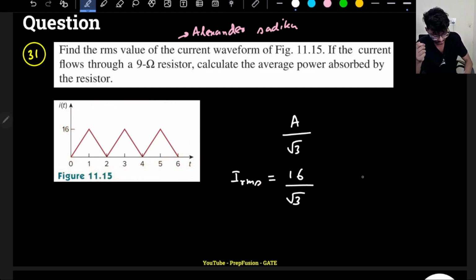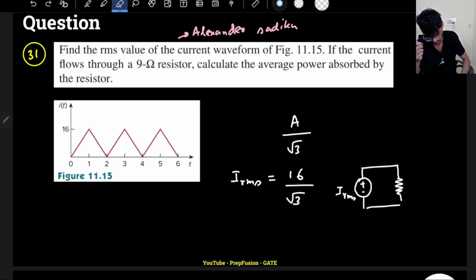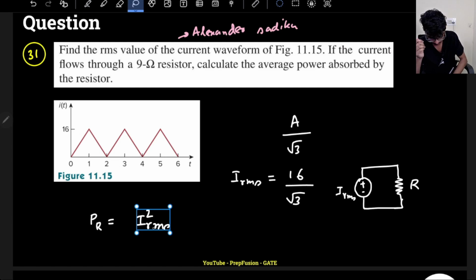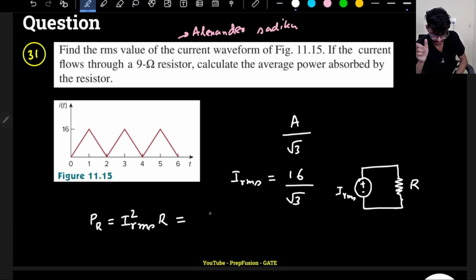So this is the DC source with IRMS, and here is the resistor R. What will be the power loss? Power loss P_R will be IRMS whole square into R.